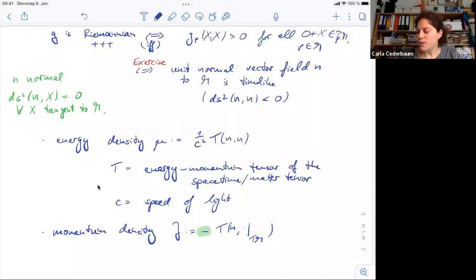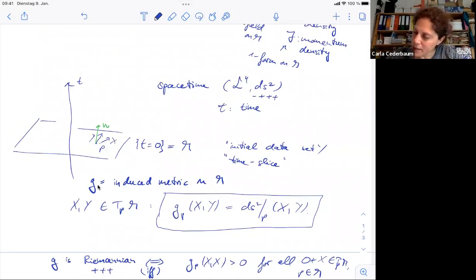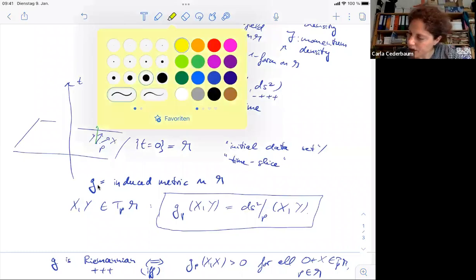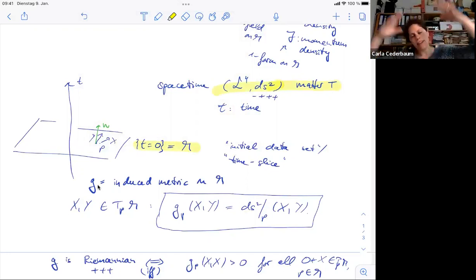Okay. So let me go back and say what we did. If I have a spacetime (L^4, ds squared) together with some matter tensor T, describing the matter content of the system, and then I look at this hypersurface arising, say, for example, as t equals 0 in this spacetime, then automatically I inherit from the spacetime metric ds squared a Riemannian metric, if I choose my slice wisely, on the slice.